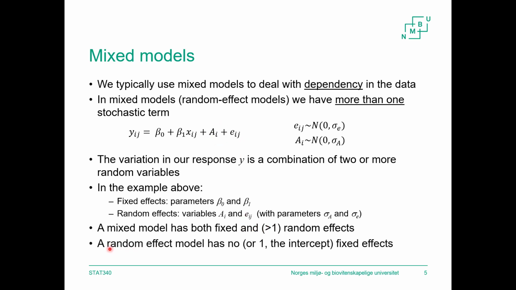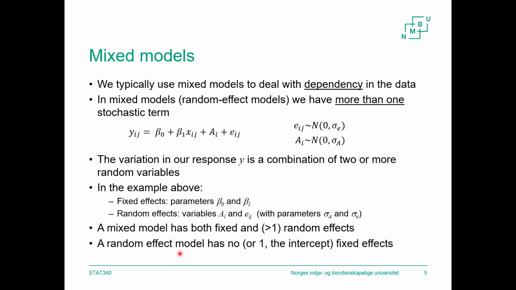What is often called just a random effect model has actually no fixed effects, or actually one, the intercept is always there, but if you ignore the intercept, then it has no fixed effects, only random effects. We will see some examples of it next week.